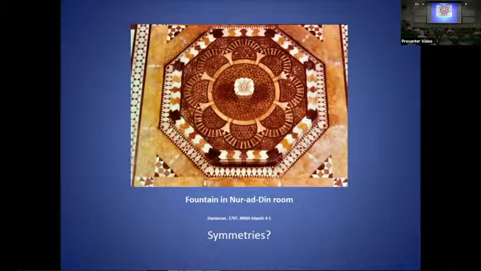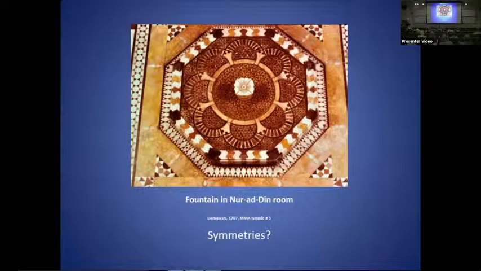Now notice this one though, it's not quite 8-fold rotational symmetry. There are 8 little petals here, but they may not be exactly the same. I wouldn't bet on it. But there's also line symmetry.